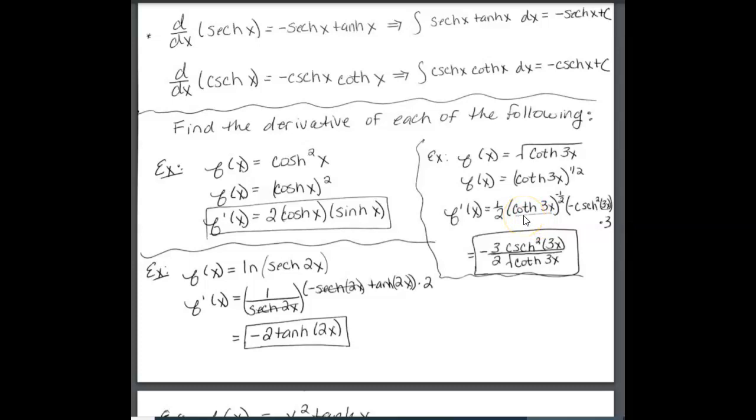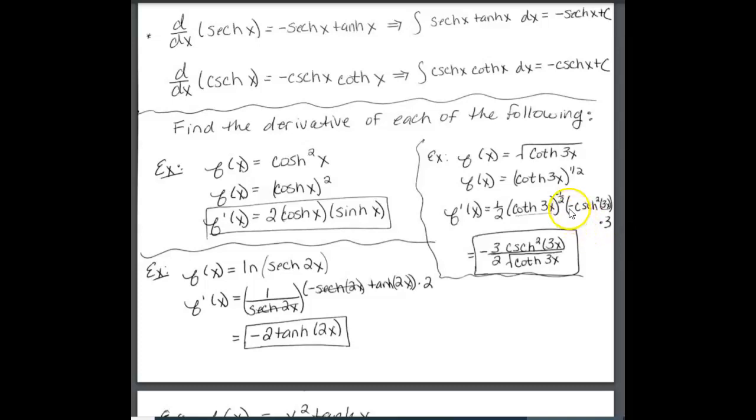Then you take the derivative of the inside, which is another chain rule. Derivative of hyperbolic cotangent is negative hyperbolic cosecant squared of the inside function 3x. And then again, because that inside is not just x, you multiply by its derivative, which is 3. So there are 2 chain rules happening on that problem.